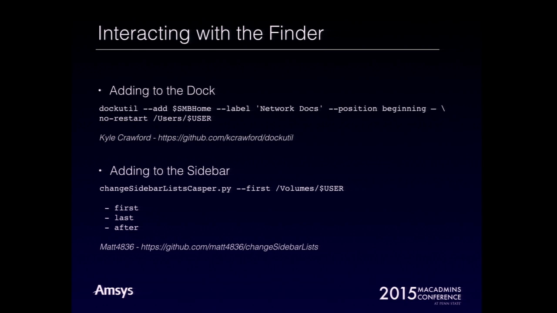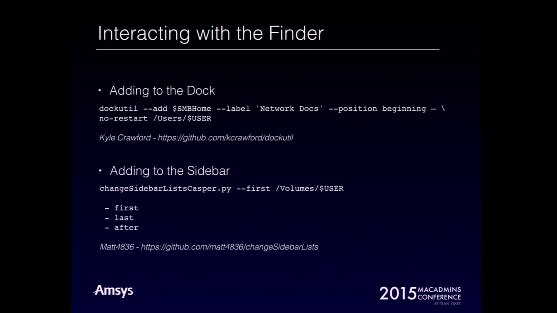The other one, and I'm a big fan of this, is the sidebar Python command. This is for the Finder sidebar. The situation we had is where a user's working in Microsoft Word and the network drive is on the desktop and in the dock, but if they hit file save in Microsoft Word, how do they find their network drive?